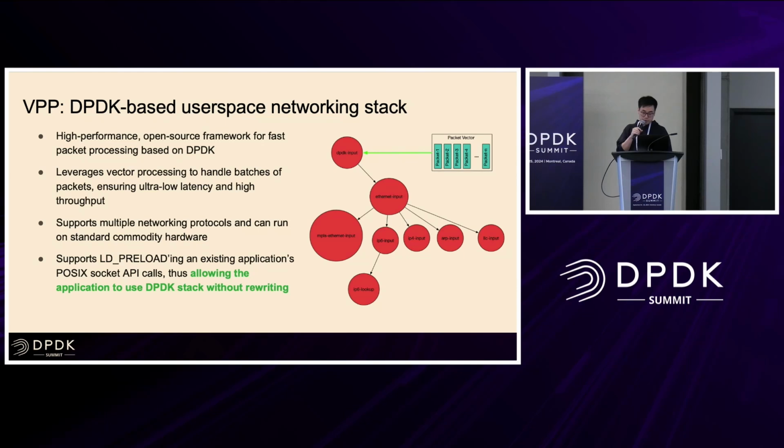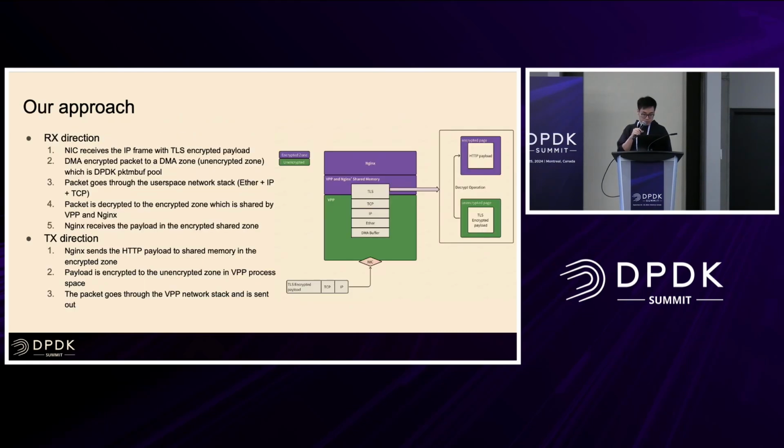It also supports multiple networking protocols and can run on standard commodity hardware. It also supports using LD_PRELOAD on an existing application's socket API calls, which allows the application to use the DPDK stack without rewriting the application.